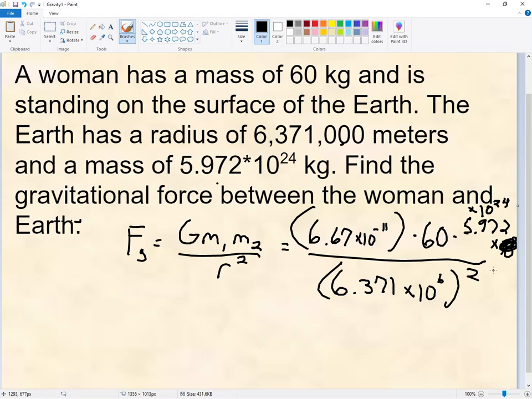Okay, so again, there's a lot of stuff to put in your calculator here, but it is just calculator work at this point. I'm going to do the top. So I'm typing in my calculator 6.67 times 10 to the negative 11, times 60, times 5.972 times 10 to the 24th.